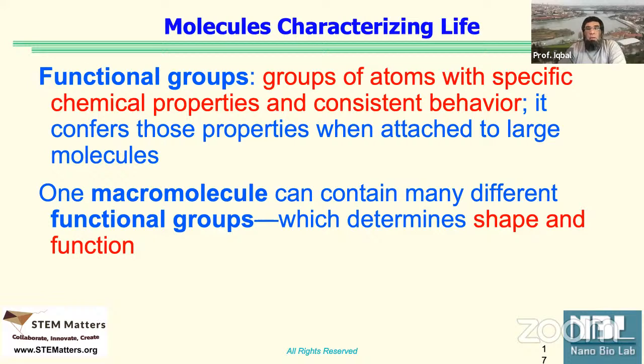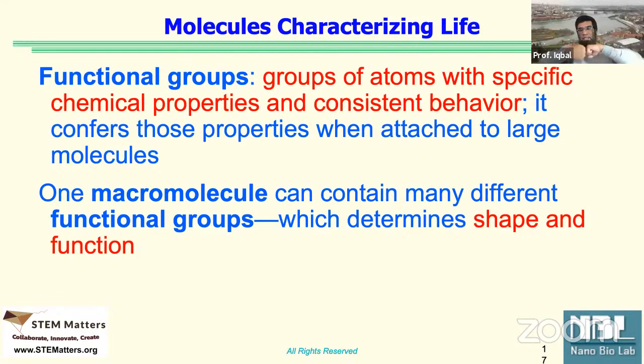Those properties would result in whether they are water soluble or not. Maybe they are hydrophobic, maybe they are charged, maybe they have positive charge. So that folding results in very specific properties. And those properties then make them suitable for whatever kind of reaction there is.